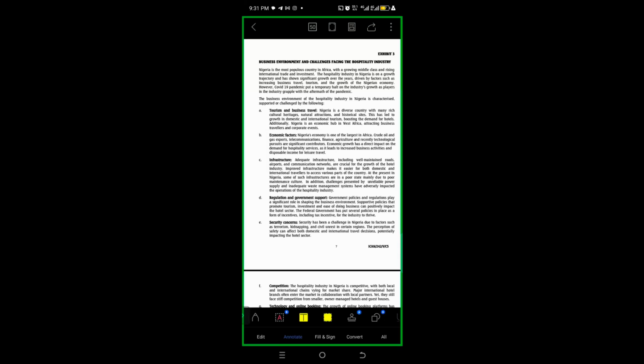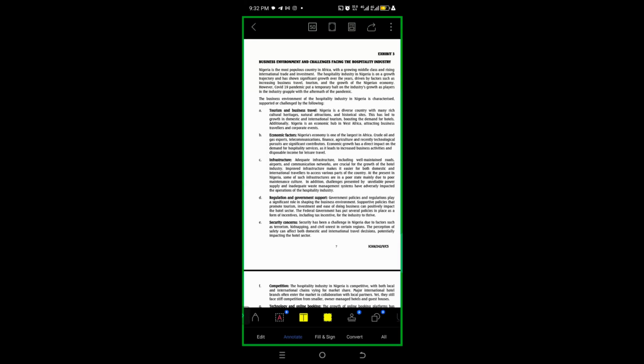At present in Nigeria, some of such infrastructures are in a poor state, mainly due to poor maintenance culture. In addition, challenges presented by unreliable power supply and inadequate waste management system have adversely impacted the operation of the hospitality industry.